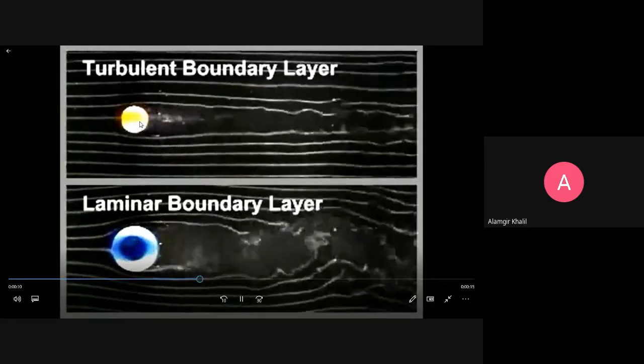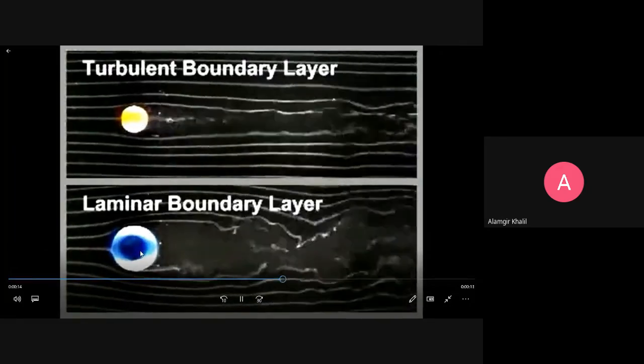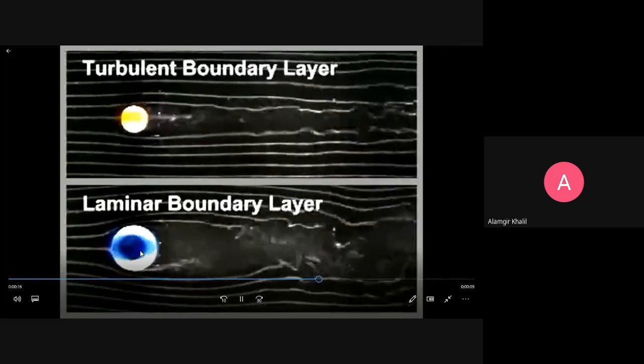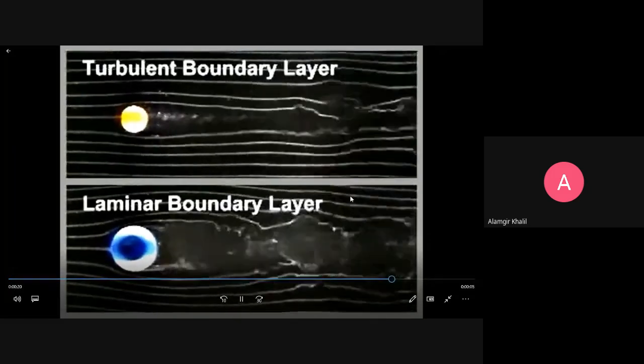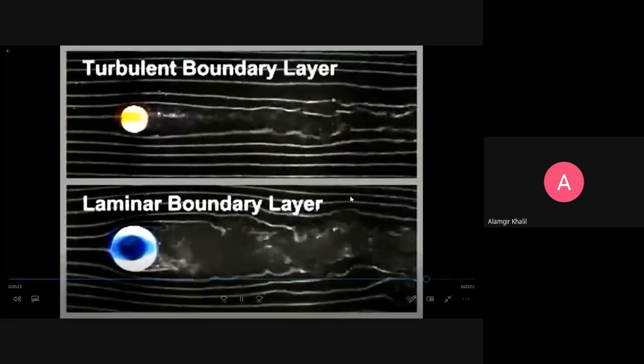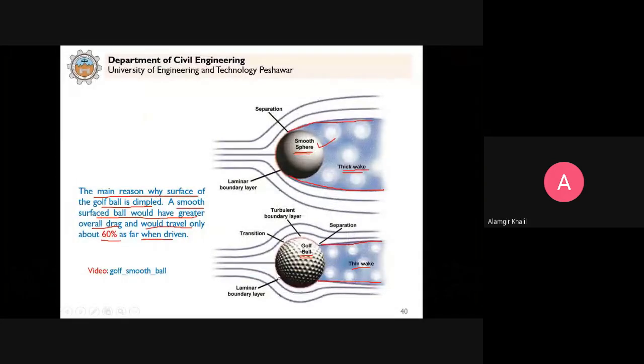So it means this ball will move faster, the upper one, the smaller one, as compared to this ball here. So this is the reason why you have seen that the golf ball is dimpled, because when you hit the golf ball, it will travel more distance as compared to a ball which has a smooth surface.